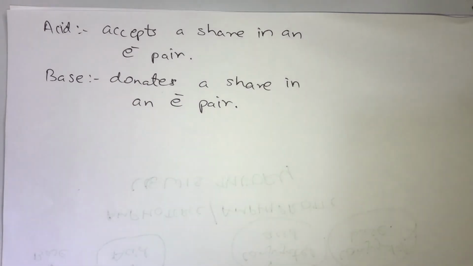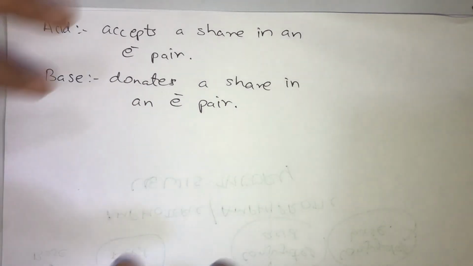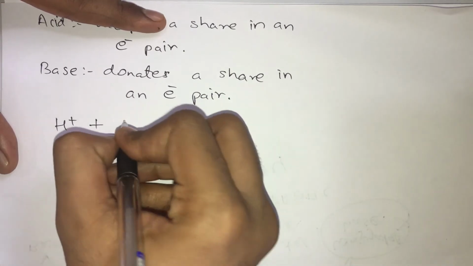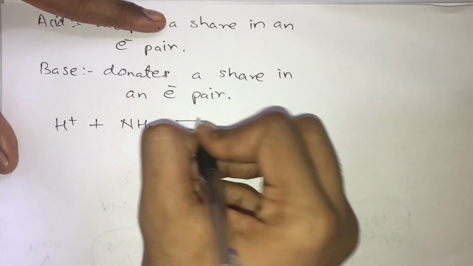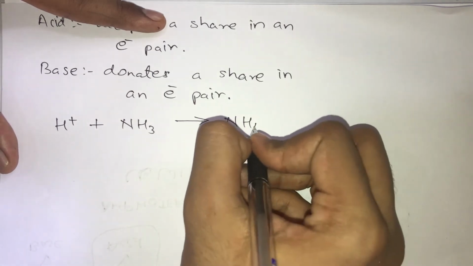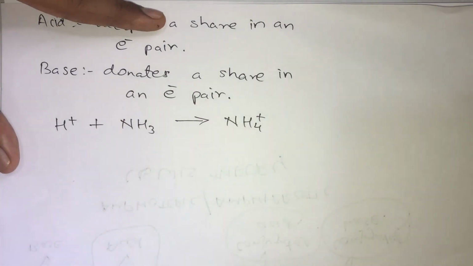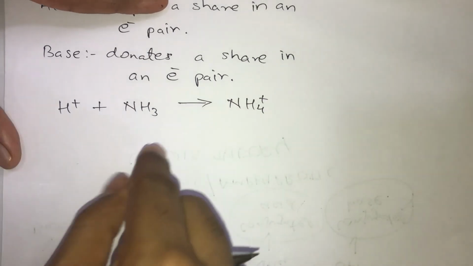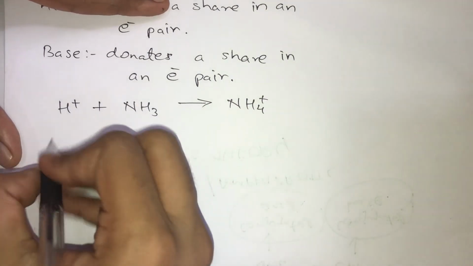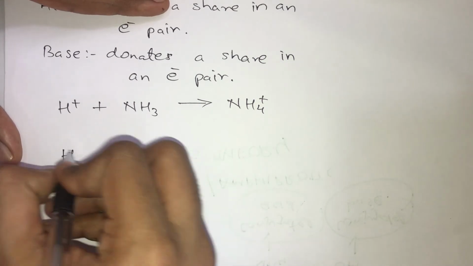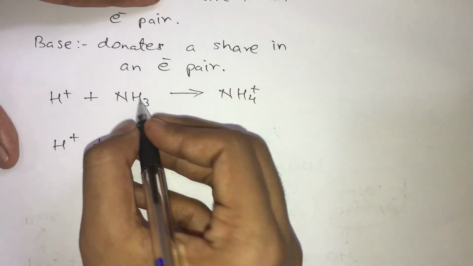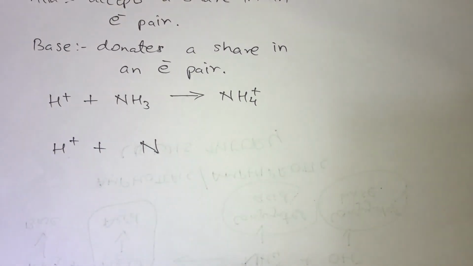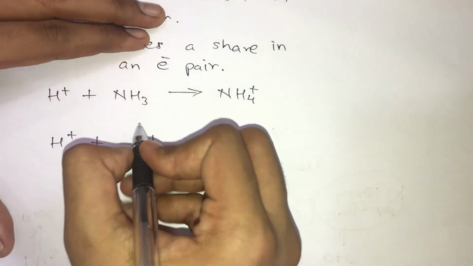Now let us understand this with the help of an example. Let's say H+ reacting with NH3 gives us NH4+. Now let us draw the dot and cross diagrams of this equation. So H+ combines with NH3. Nitrogen has 5 electrons in its outermost energy level, as we all know.